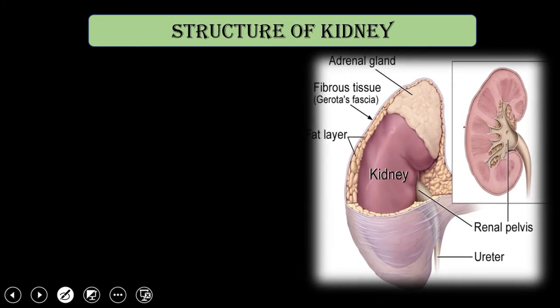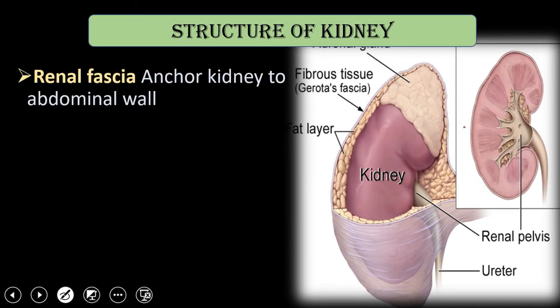Move towards the outer covering of the kidney. The kidney is well protected by three layers, moving from outer to inner. First, the renal fascia, which anchors the kidney to the abdominal wall.